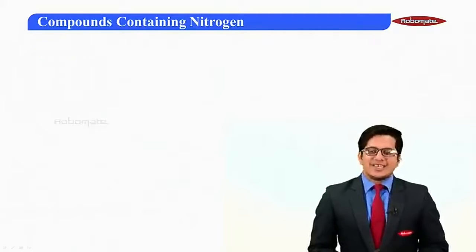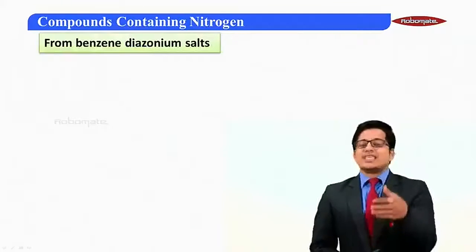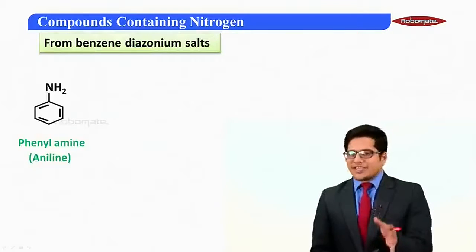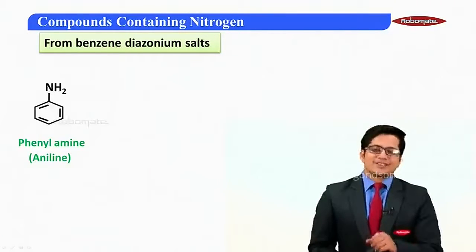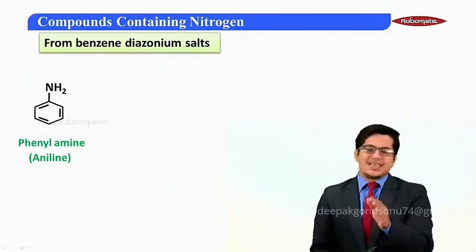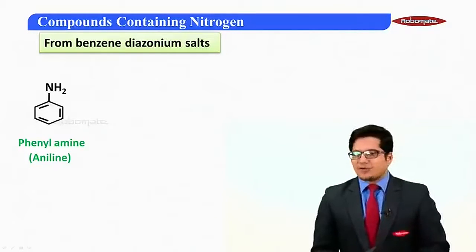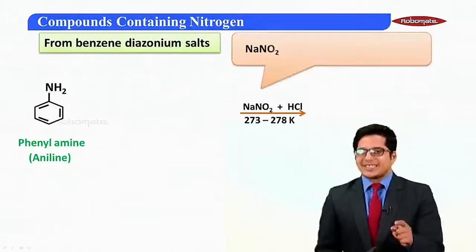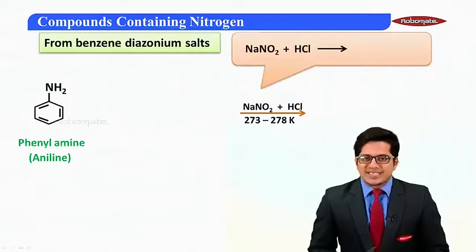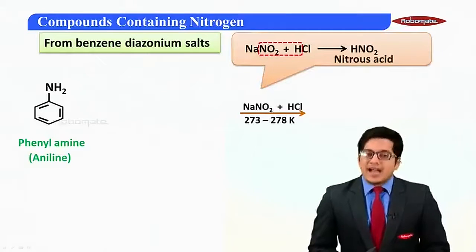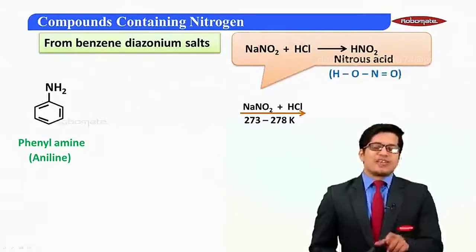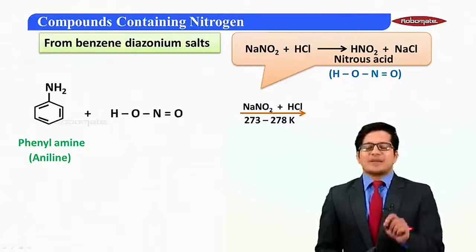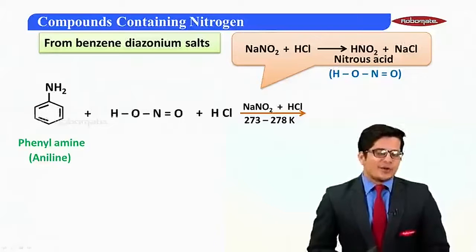Further, let's now understand what happens if aromatic amines are treated with HNO2. For this, we need to prepare benzene diazonium salts. So let's take phenylamine, that is aniline. Now what would happen if we treat this with NaNO2 and HCl? That is, again, NaNO2 plus HCl gives HNO2 and NaCl. So we are actually treating with HNO2, and in the presence of an excess amount of HCl, what do we get?